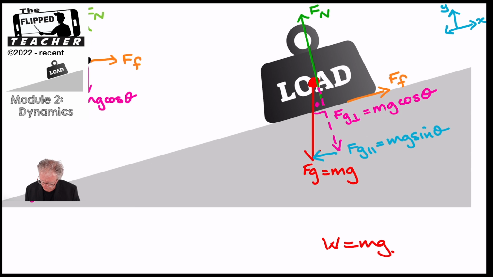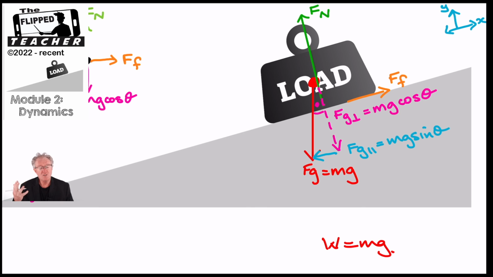And then we had our blue force, and that was our mg sine theta. And notice in this time here, my horizontal components are exactly the same length, so therefore they're equal and opposite, therefore the object is not going anywhere, as builders like to say. So that object is just stationary on there.